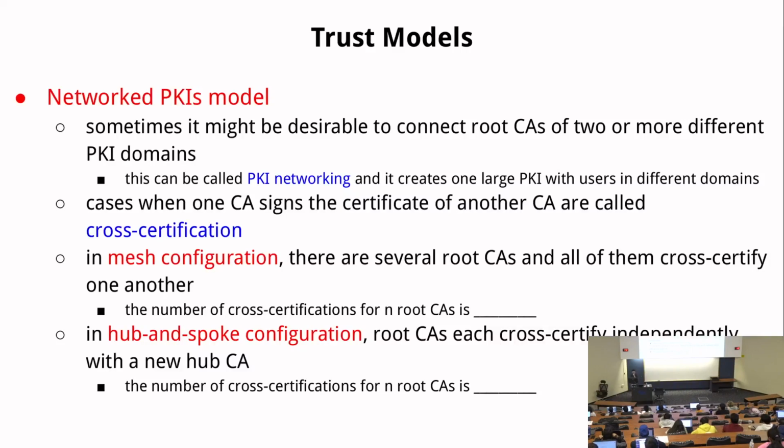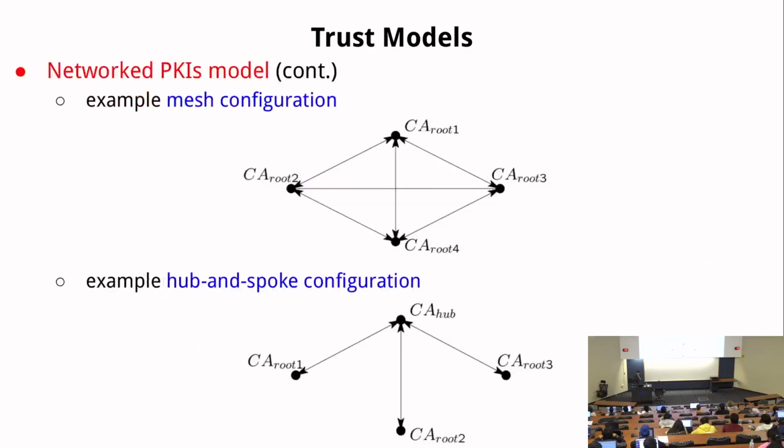So we can build a mesh network like this. The root CA 1 doesn't necessarily sign its own certificate. Instead, CA root 2 will sign CA1's certificate. CA4 will sign CA2's or CA3's. So this creates a trust network.